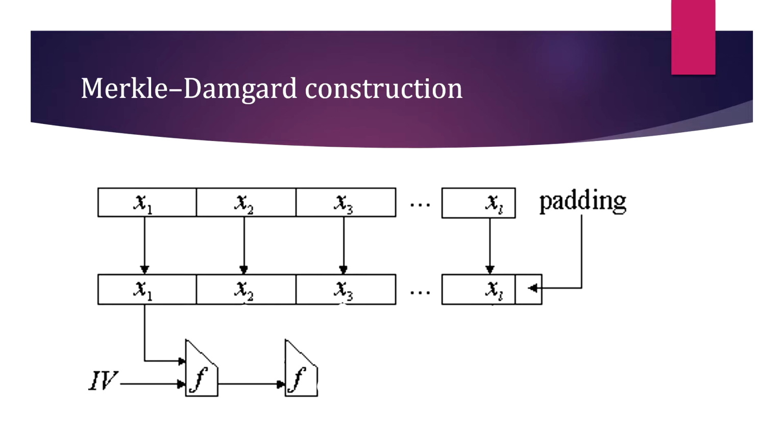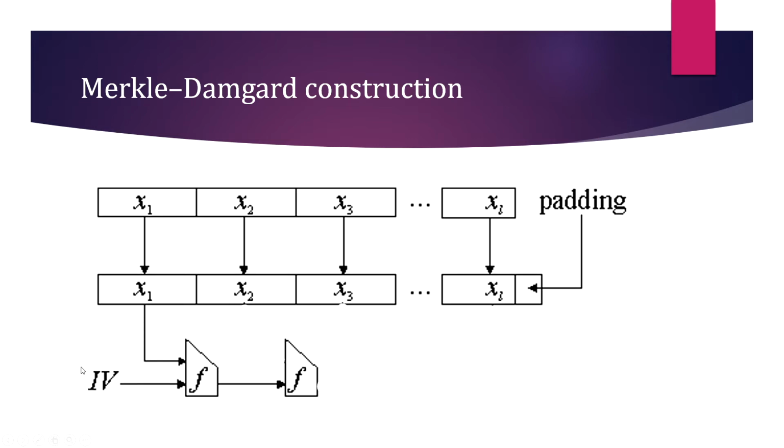Here we can see how the Merkle-Damgård construction works. First of all, a message is divided into various blocks, and all these blocks are then hashed one by one. Here the last block is padded so that it has the same size.